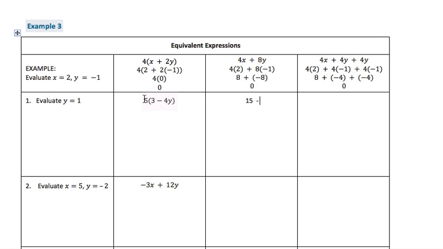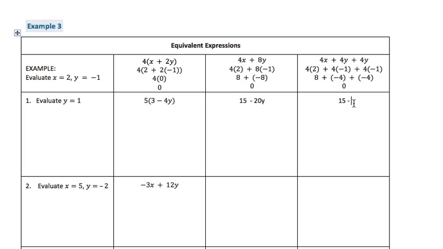And multiply 5 times 4y, which is 20y. And finally, in our final example, we can take that 20y and split it apart. But we need to remember, when we split that apart, let's try something over here just to prove it.